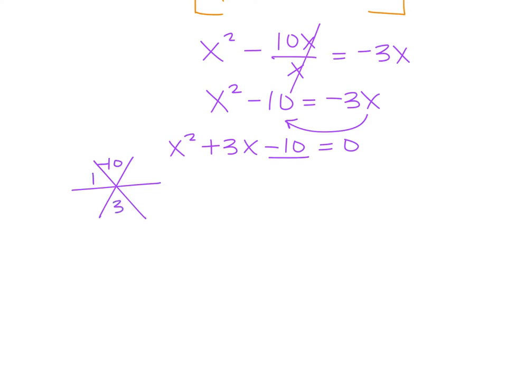Negative 2, sorry, and a positive 5. So you would get x minus 2 and x plus 5 equals 0. So what is your answer? Positive 2, negative 5.